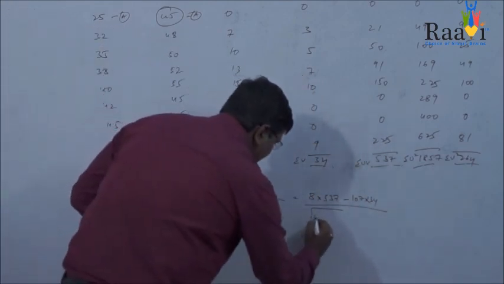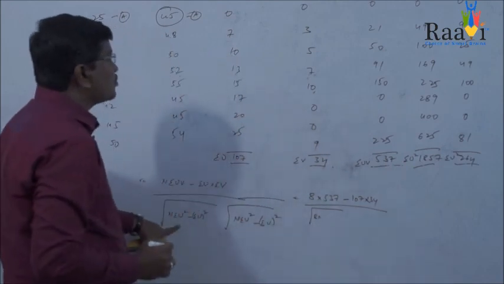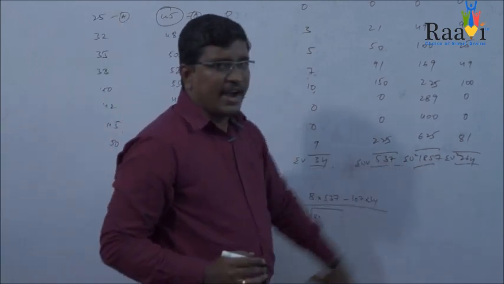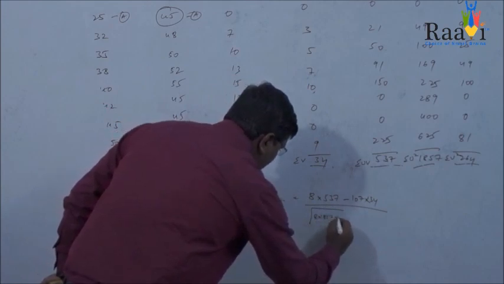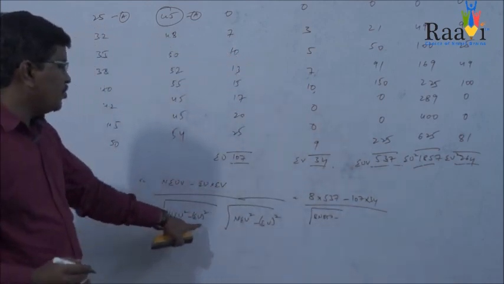N is 8, and the summation u square value is 1857, minus summation u whole square.